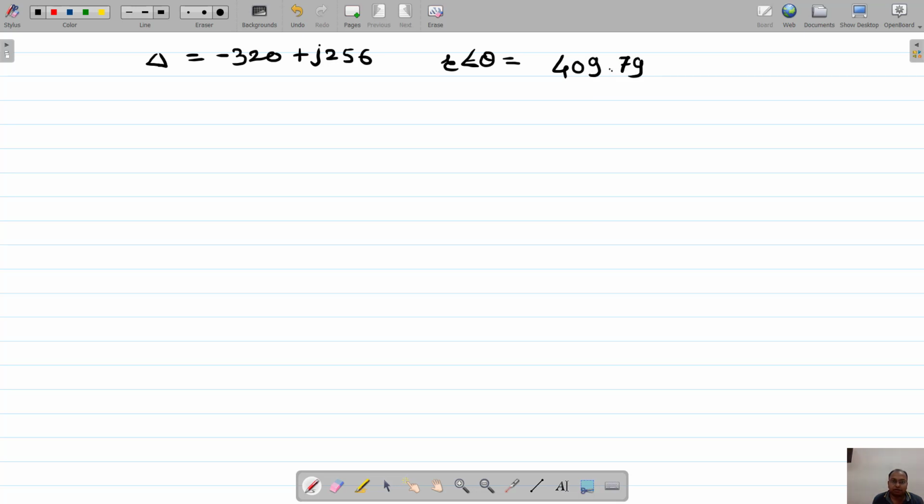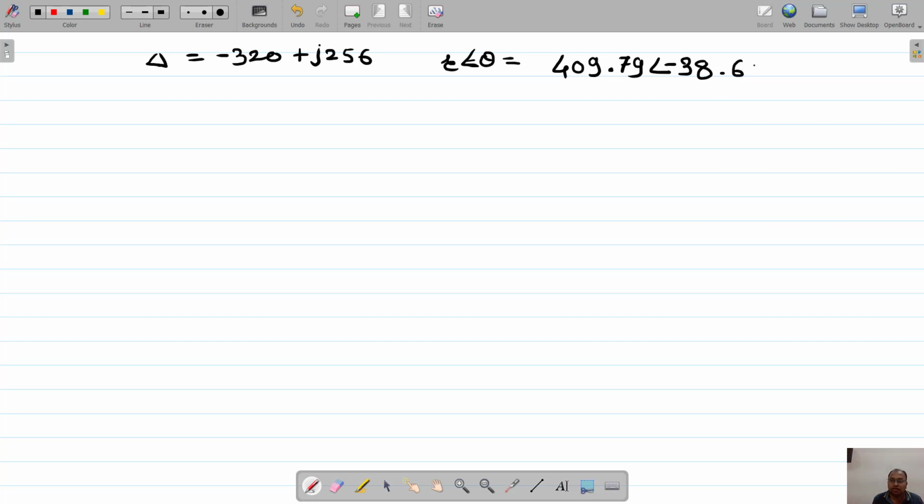409.79. Okay, let us calculate the angle, shift tan. So tan inverse of 256 divided by minus 320. So minus 320. It is going to give you the angle as minus 38.65.